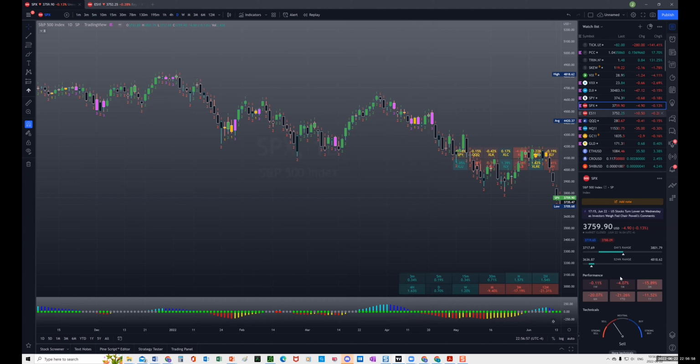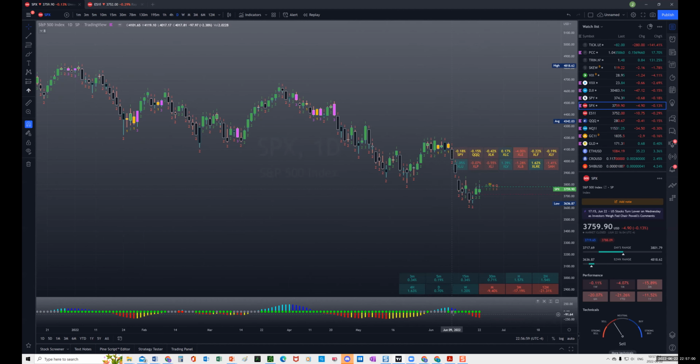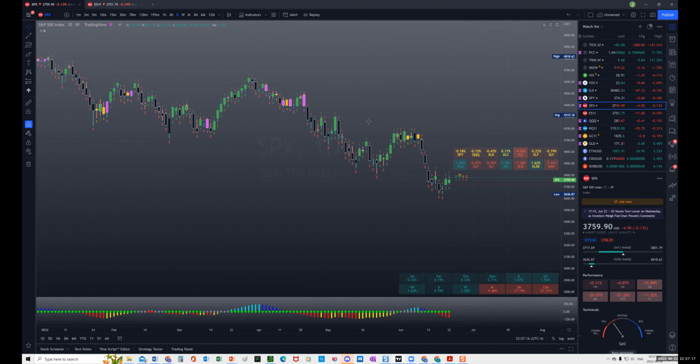Even if, for example, we look here where we were in a squeeze for 2 days, it fired, and we came back into a squeeze. Don't get caught up in the chop. Then when it fired off again, that was when you got your actual move. This was just last week, where a lot of us made a lot of money. You had the squeeze, it fired to the upside, didn't really do much, got caught up in the chop.